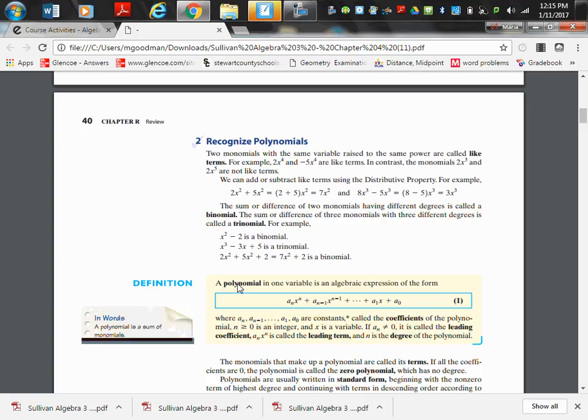So x squared minus 7x plus 5. That would be a trinomial. 10x squared minus 7x plus 12. It's got an x squared, an x, and a constant. Those are called trinomials.